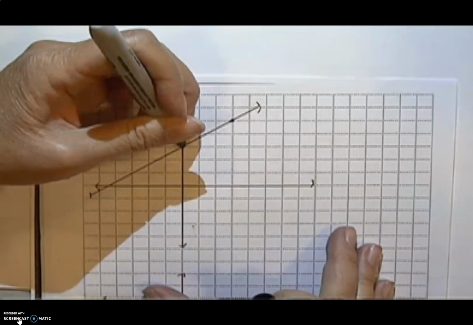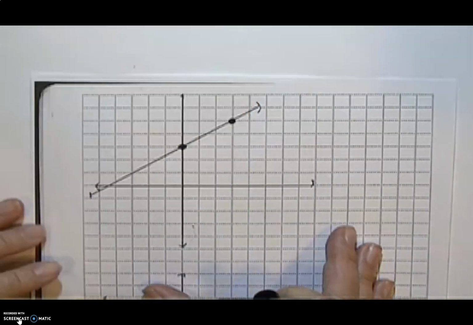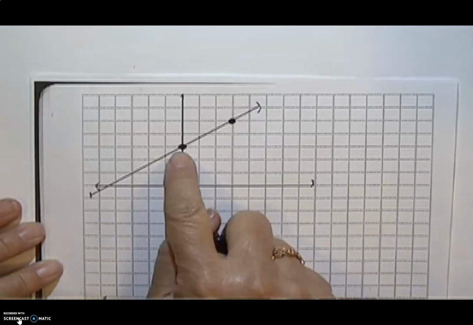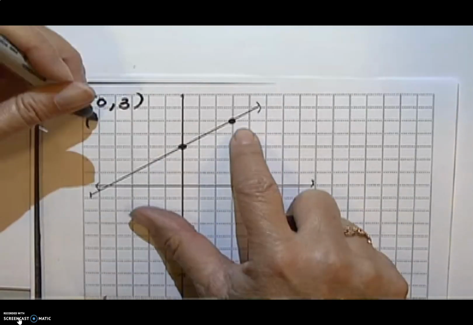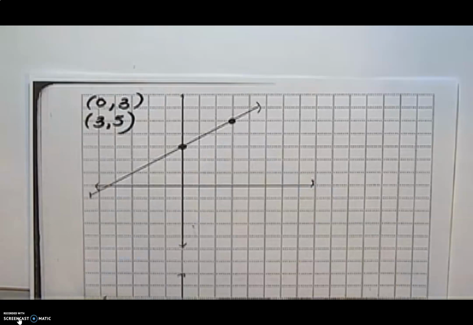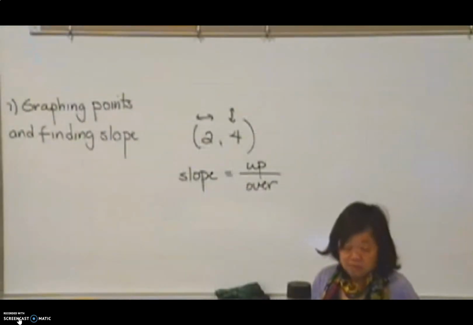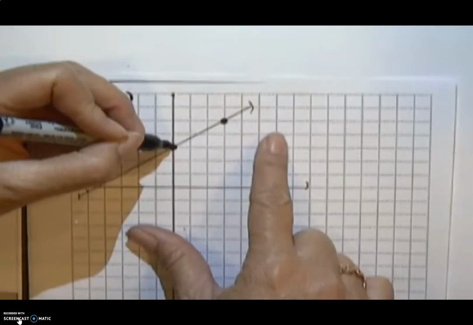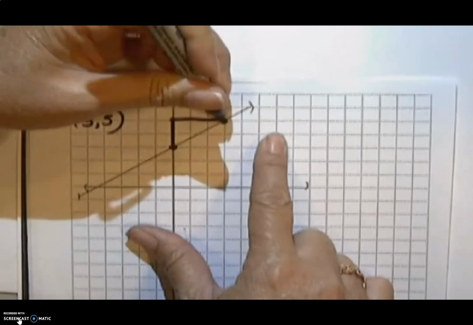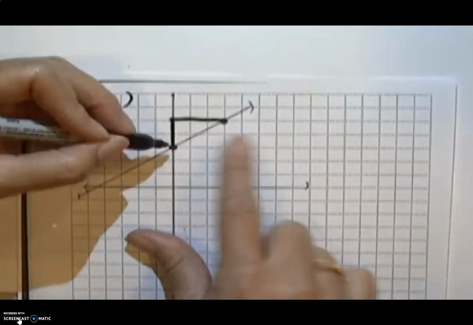For example, the problem might read something like, find the slope of the line that goes through this point, which is (0, 3), and this point, which is (3, 5). There is a formula for doing this, but really I think the easiest way to do it is simply to make a sketch, make a graph, and then between these 2 points, let's count how far we go up and how far we go over, as if we were making a step.